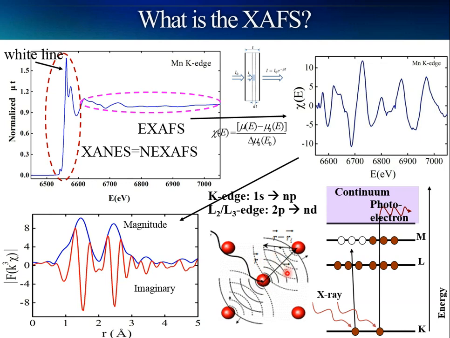So the outgoing wave goes to neighboring atoms and is backscattered. The outgoing wave and backscattered wave make an interference wave, which contains the information about structural properties, right? The interference wave affects the scattering X-ray, which is detected. We detect the scattering X-ray, but the scattering X-ray is affected by the interference wave.